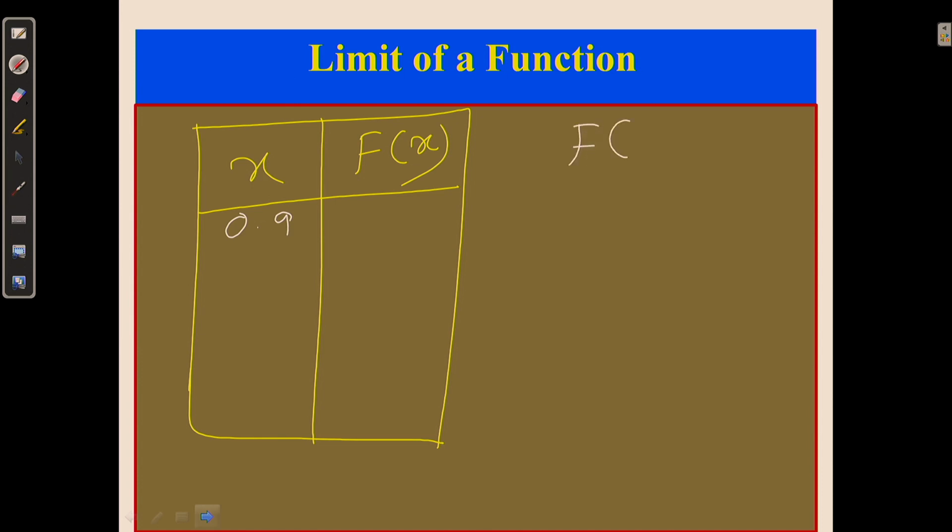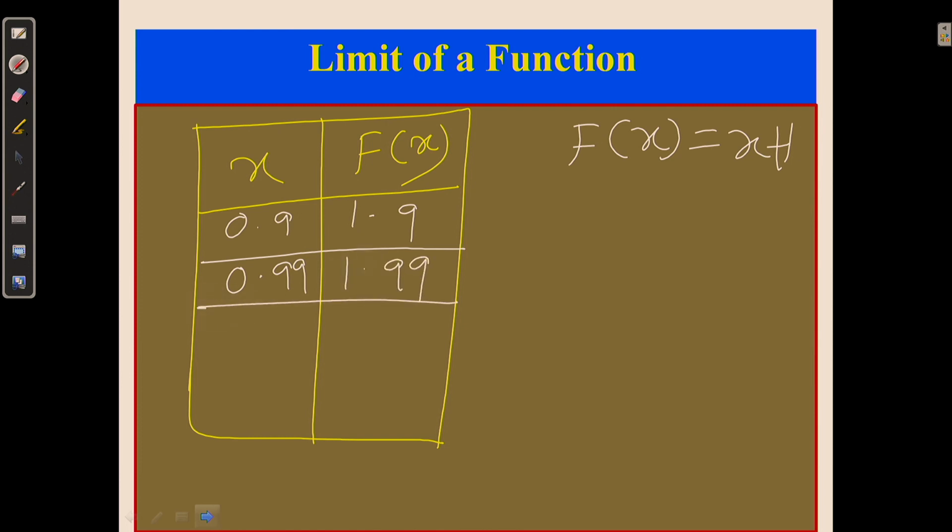The function is f of x equals x plus 1. Then what will you find? When x equals 0.9, f of x equals 1.9. Suppose I take 0.99, then f of x equals 1.99.